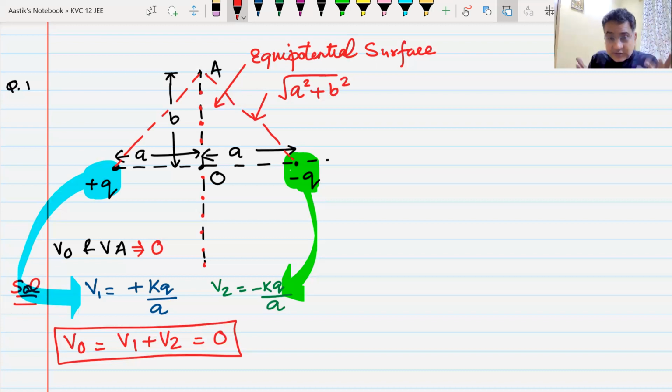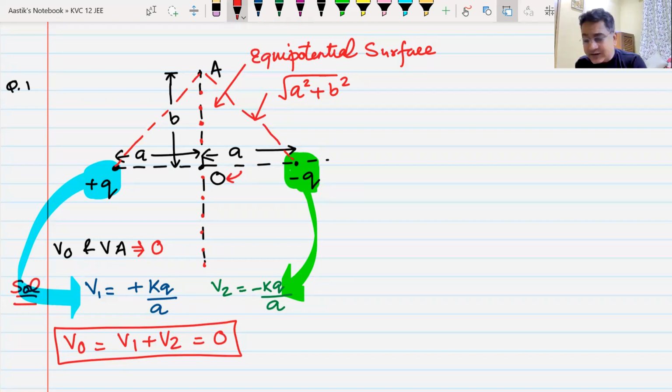Since we have talked about electric field, what is the magnitude of electric field at point O? You can also tell me the direction, and you will see something fantastic coming up. You can see potential is 0.